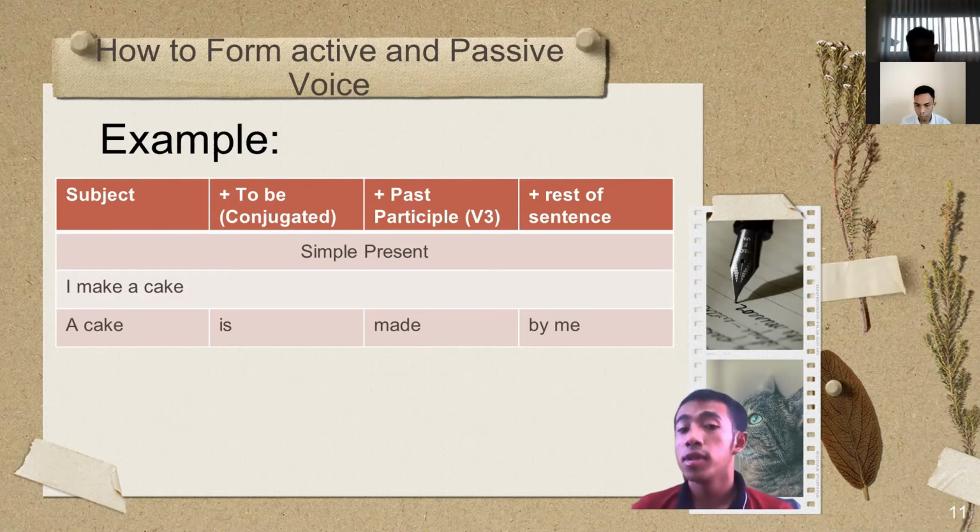We should use the past participle because we want to make the passive voice, which is made by me. By me is the rest of the sentence. So, a cake is made by me in the passive voice from I make a cake in the active voice.